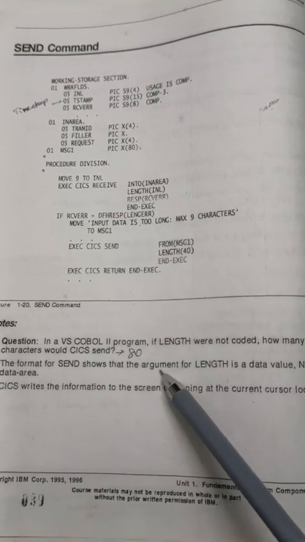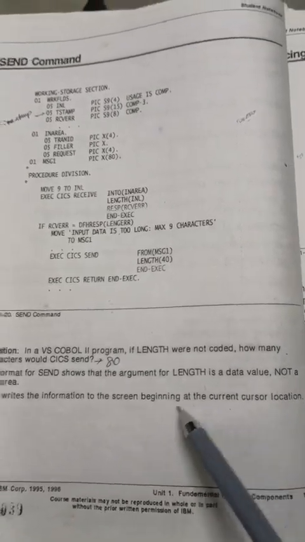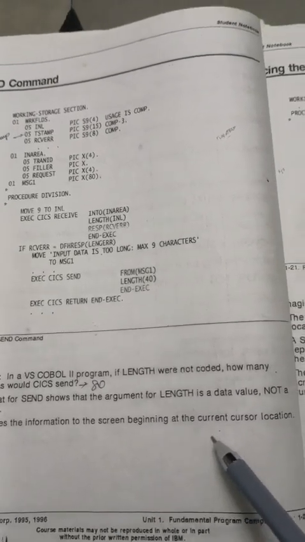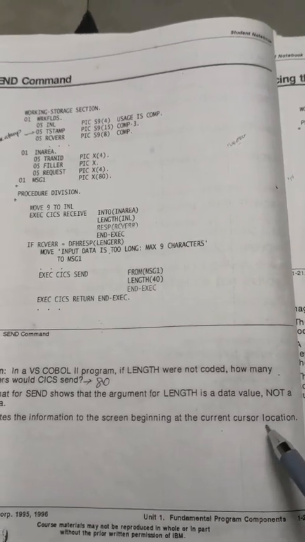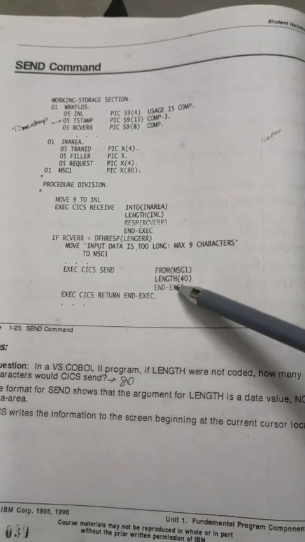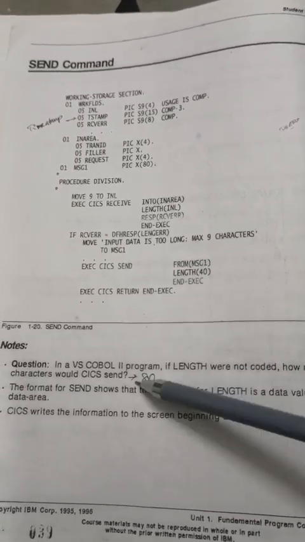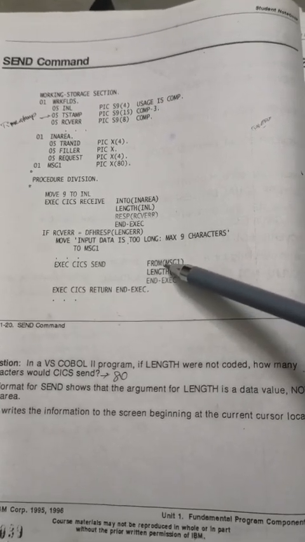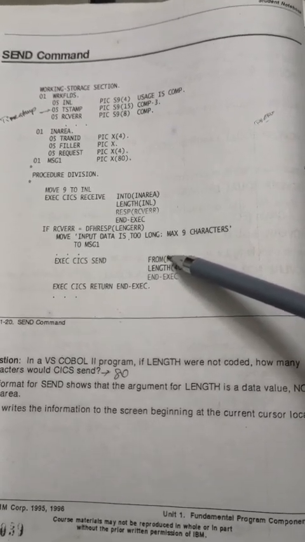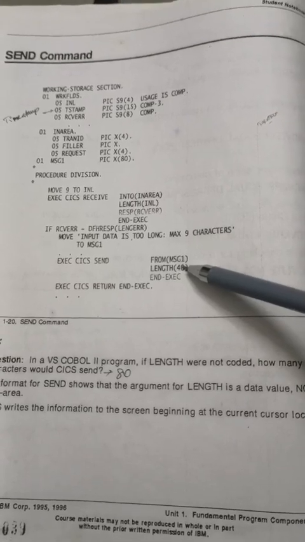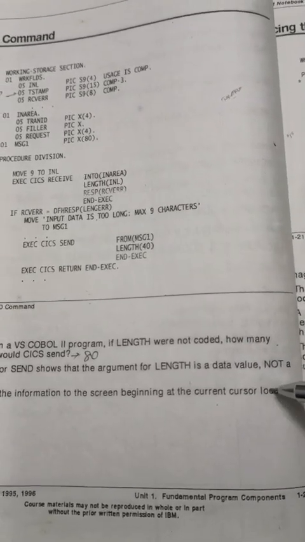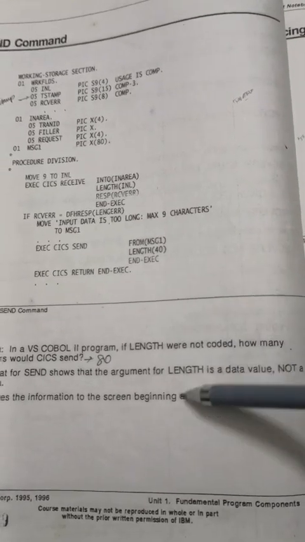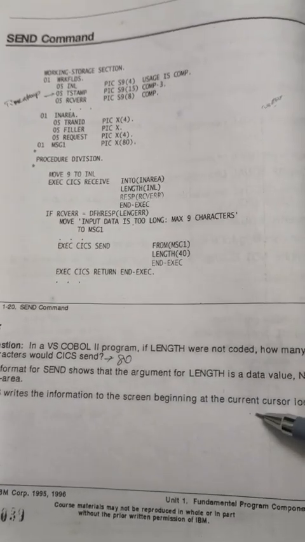In the format of the send command, the argument length is a data value, not a data area. CICS writes the information to the screen at the beginning of the current cursor location. Here you are sending the error message to the screen, and you have not mentioned what position you are going to send it to. By default it will send to the beginning of the screen.